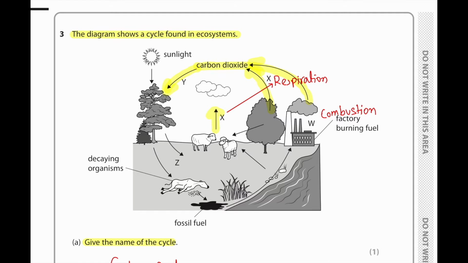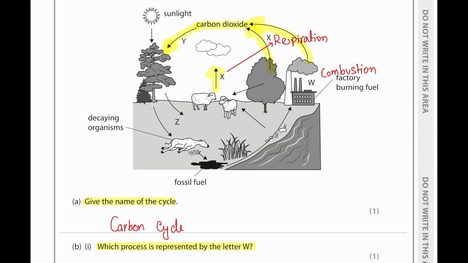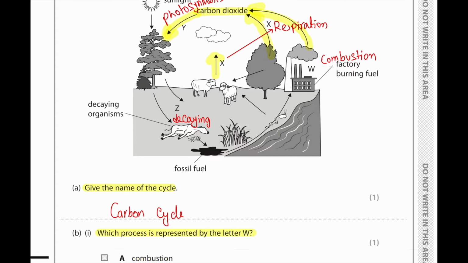Z represents dead or decaying. All right. And then X represents respiration. Okay. Y is photosynthesis because carbon dioxide is turning into part of the plant.